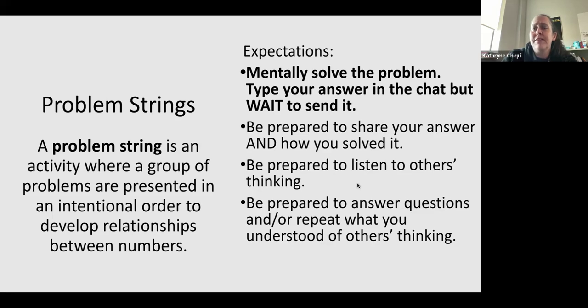And be prepared to listen to others' thinking, and if I ask you, to ask another participant a question or restate what you understood of their thinking. Okay, are there any questions about what I expect from you as a participant before we begin?